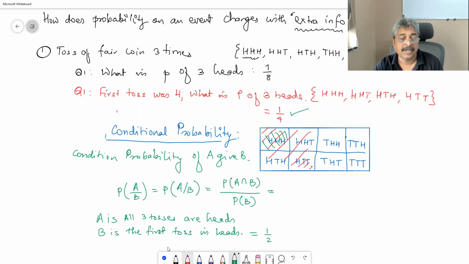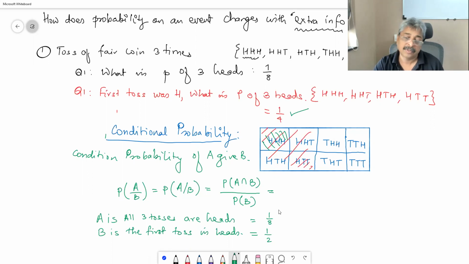Correct? And A is all 3 tosses are heads, the probability is 1/8, and therefore probability of A intersection B, all 3 tosses are heads and first toss is heads, so A intersection B.